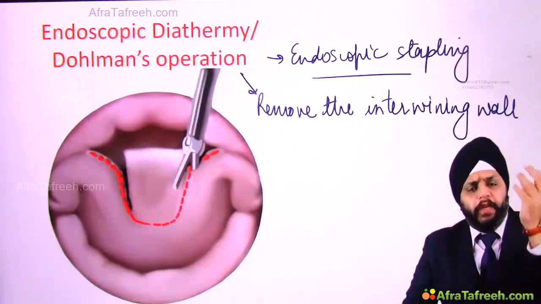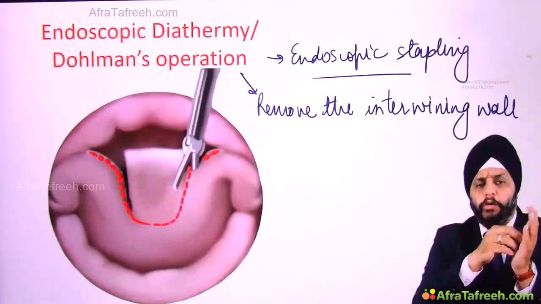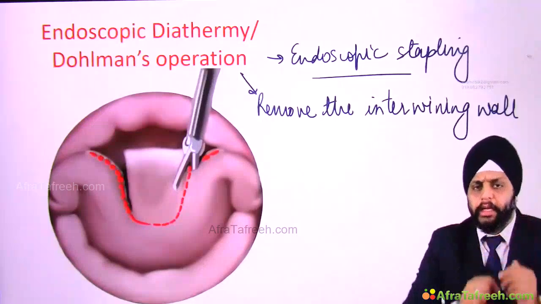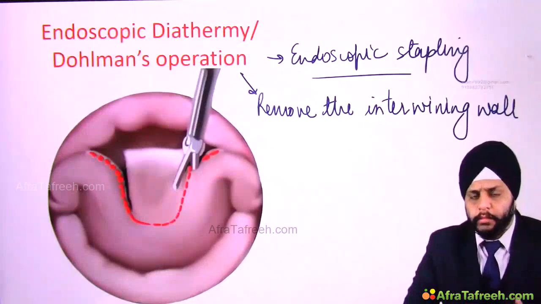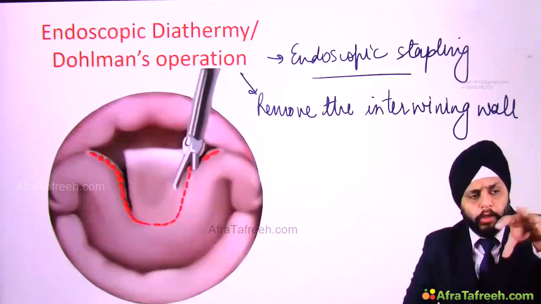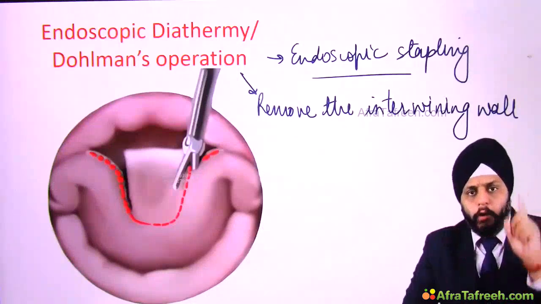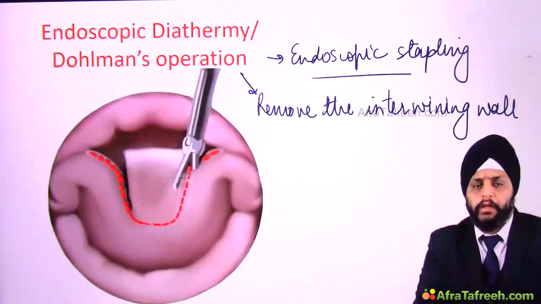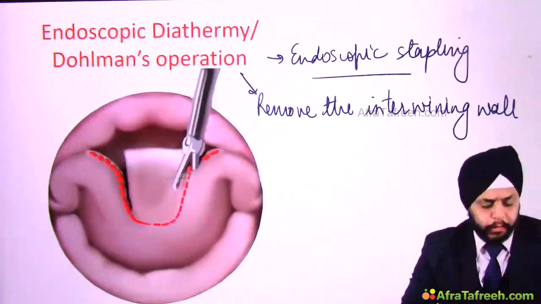If it is a very, very small pouch, I can just go and staple the mouth of the pouch. I can staple the Killian's dehiscence. Now that will not be known as Dolman's operation. That may be endoscopic stapling of the mouth of the pouch, of the Killian's dehiscence, but that is not Dolman's. Dolman's is when you remove the intervening wall, and you can use the staple for that. So that is Dolman's operation.